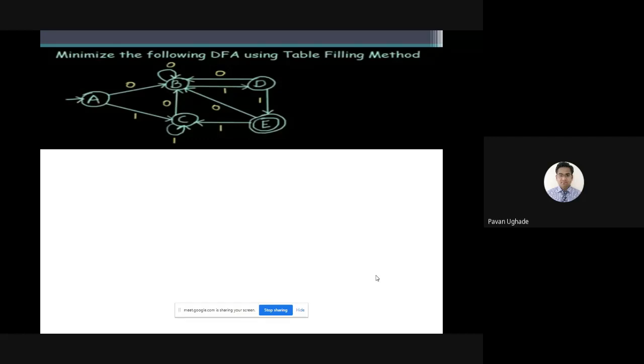Tell me which states are equivalent states, and in your minimized automata how many states are there? I'm giving you 5 to 10 minutes to solve the answer. This question was already asked in the year 2012 or 13 for 7 marks. Okay, please make it fast, guys.